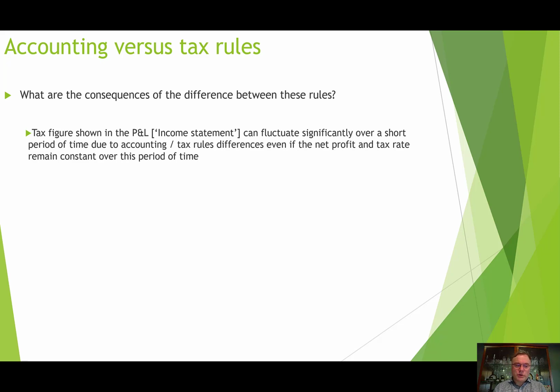However, due to the divergence in treatment of items for tax and accounting purposes, it's entirely possible that the company pays an amount of the tax which is greater than or less than 12,500. It depends entirely on the nature of the items contained in the financial statements for the period. So we'll have a look at an extreme example of this on the next slide.